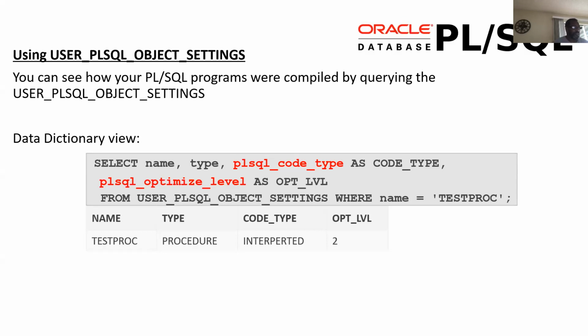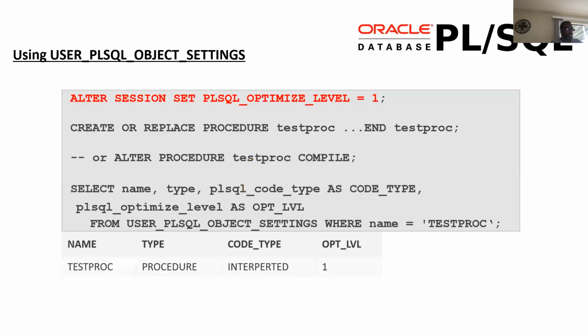Excuse me, that user PL SQL object settings table has a lot of information in there. If you're interested in anything associated with your blocks of code, you can always retrieve that from that table. Hopefully you're all using that table to take a look at some of the attributes of your code. That's essentially the data dictionary view.